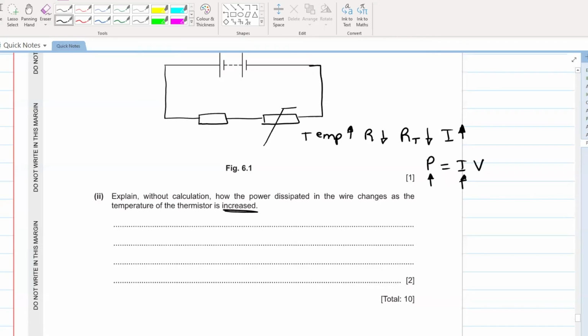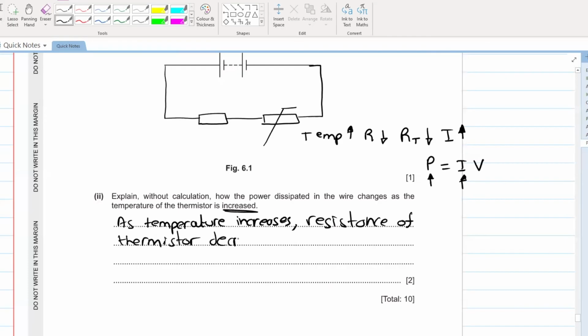As temperature increases, resistance of thermistor decreases. And as resistance of thermistor decreases, what will happen?